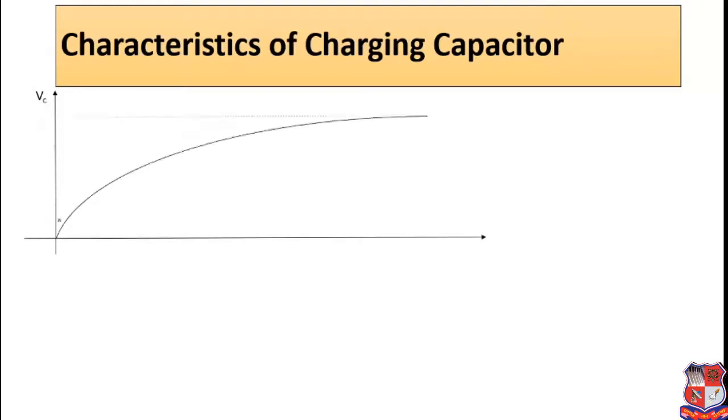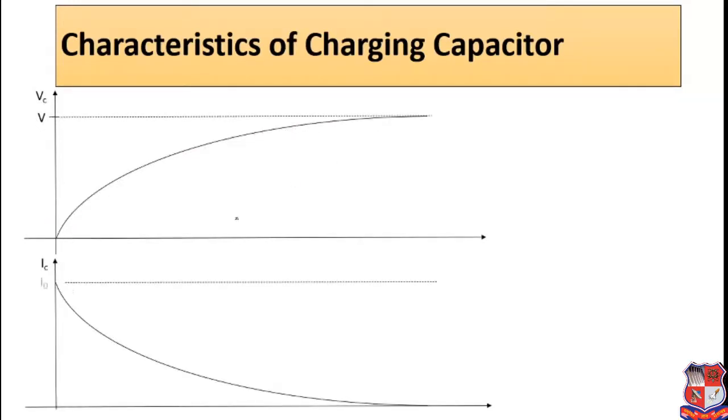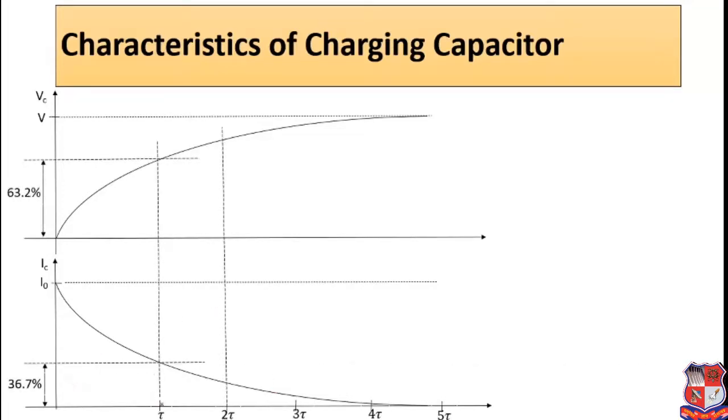Here we have a graph. Over here you can see the capacitor voltage rises gradually, and as soon as the capacitor voltage rises, the current decreases. Here I have taken different instances: tau, 2 tau, 3 tau, 4 tau and 5 tau. You can see that at 5 tau approximately the capacitor voltage is equal to the supply voltage.